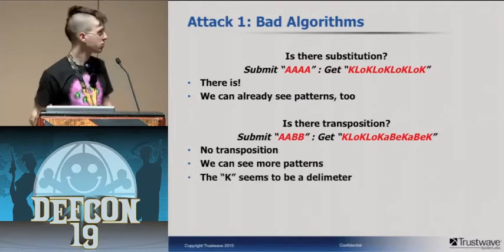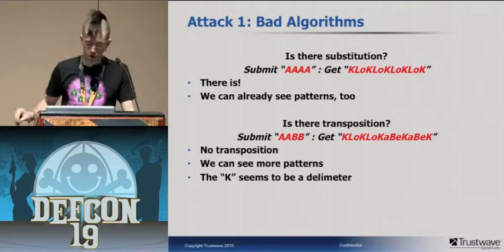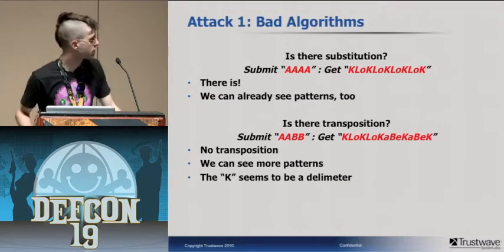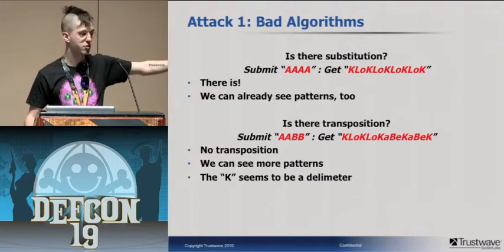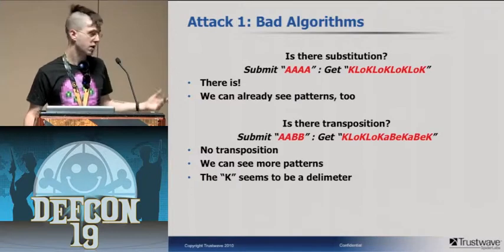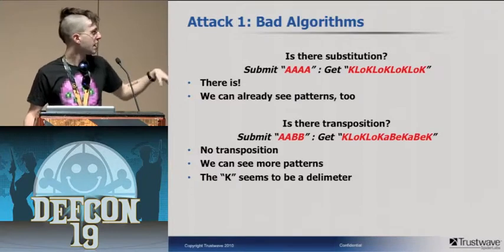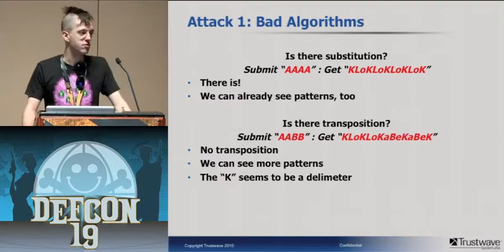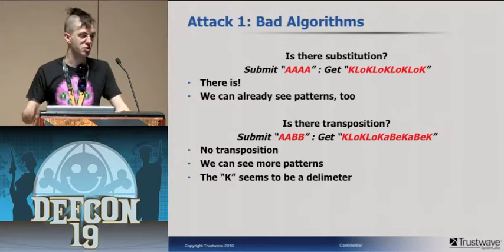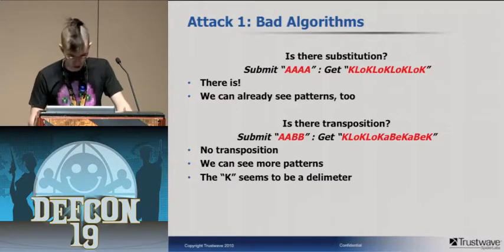The K also seems to be a delimiter. One thing that you'll notice if you look at this, you can have different lengths with these characters. So the K is just standing in to separate characters, so that even with variable lengths for the ciphertext version of different characters, anyway, let's move on.